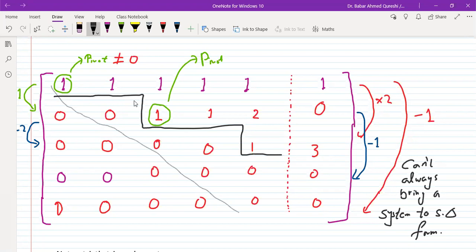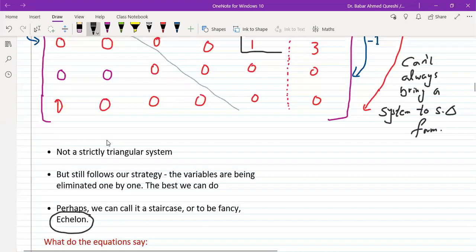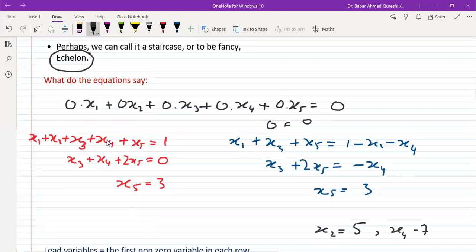So you may end up with this kind of an echelon matrix, but this is also good enough. This also gives you solutions. Any question? Yeah.